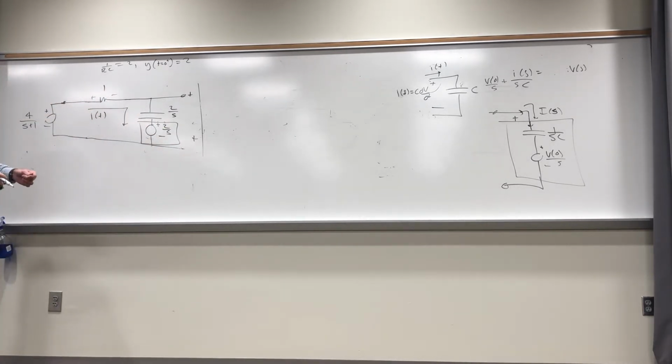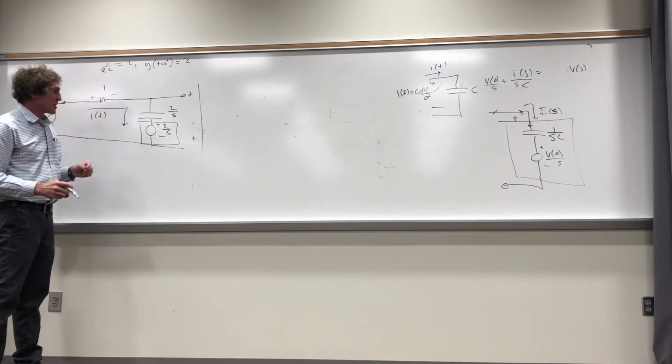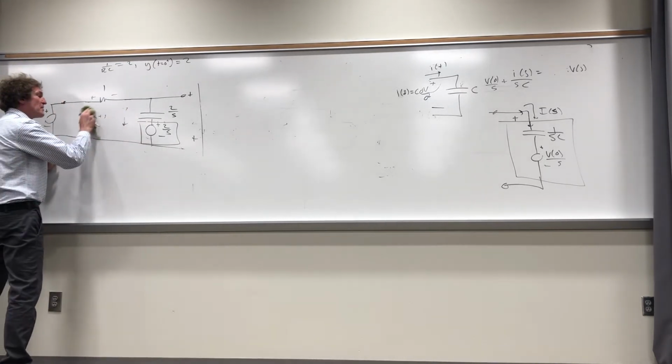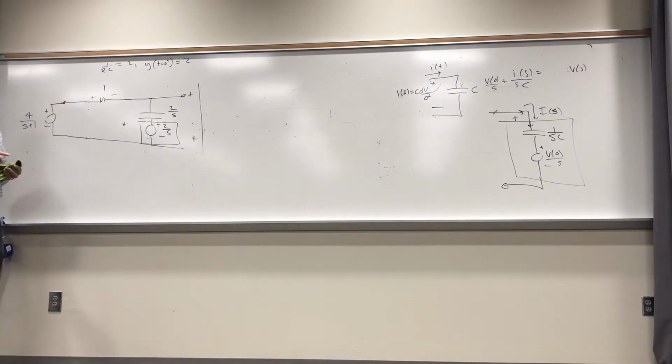Since this is an impedance, it has to be multiplied by the current, but this is going to be the same. Now I can just take the sum of the voltages around any closed loop and set them equal to 0.